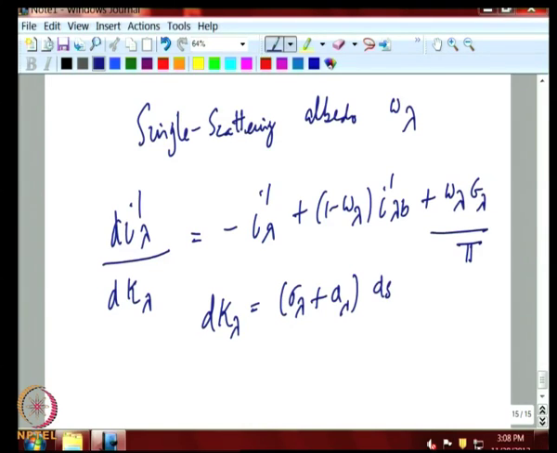So, the extinction coefficient, and so now we see the expression very clearly showing the role of attenuation of absorption.